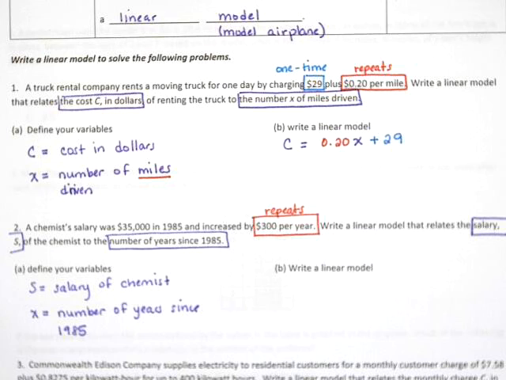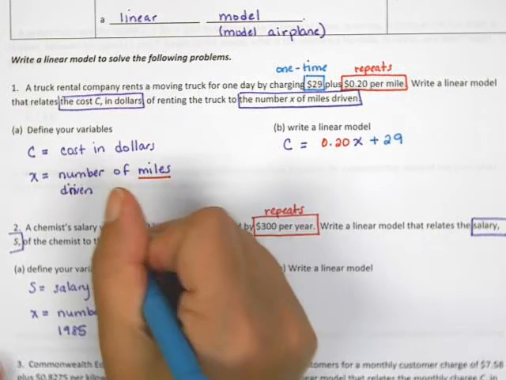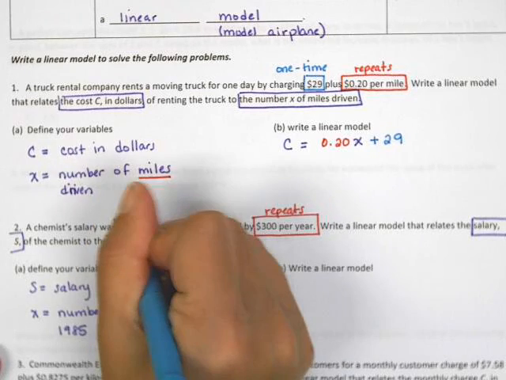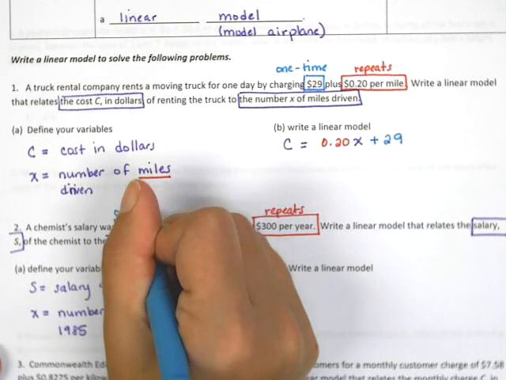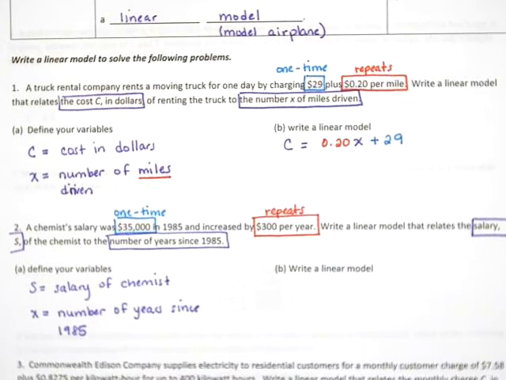So every year, over and over and over again, I get an extra $300. Now, the one-time thing is the $35,000. That's my starting amount, and it doesn't repeat. I keep adding to that. So I only make $35,000 once, and then I keep adding after that.